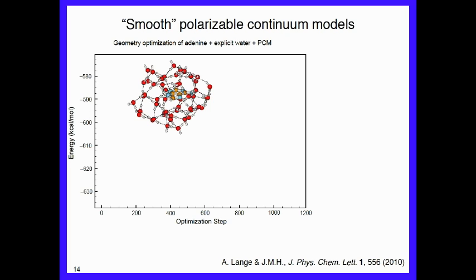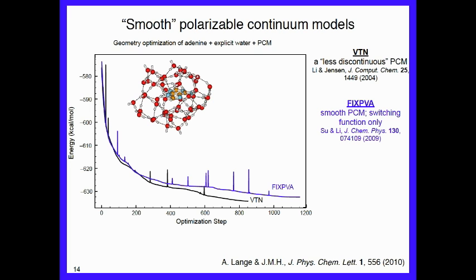And if we try to do a geometry optimization of this molecule using some older discretization approaches, citations for which are given here, but which are known to have singularities and discontinuities, you'll notice that there are these sharp discontinuous spikes in the energy as a function of optimization step.